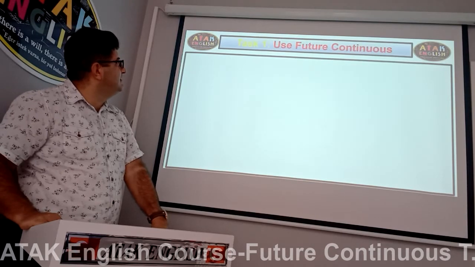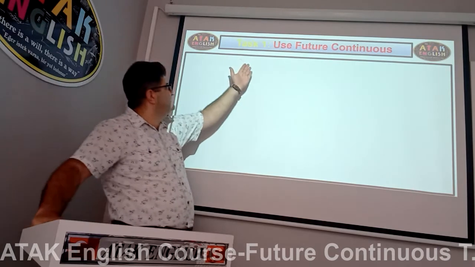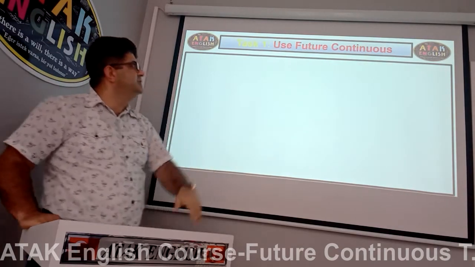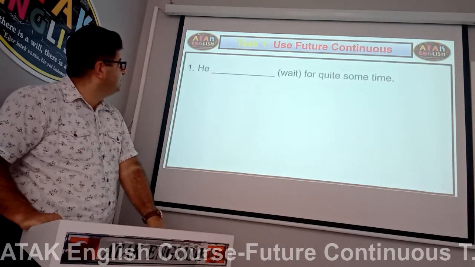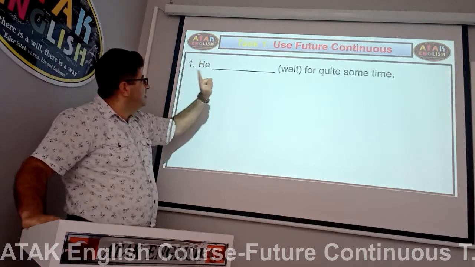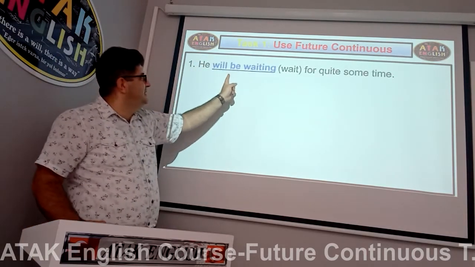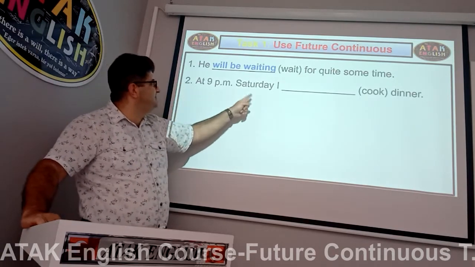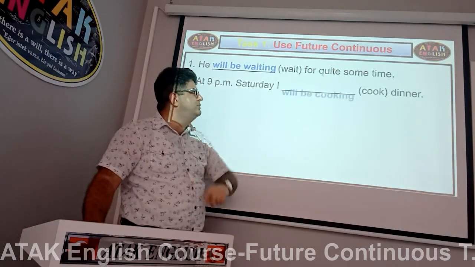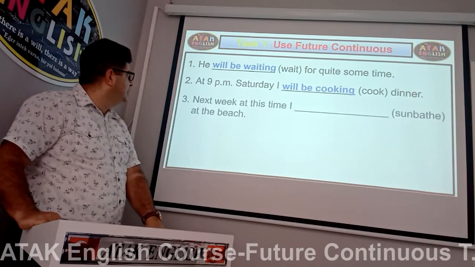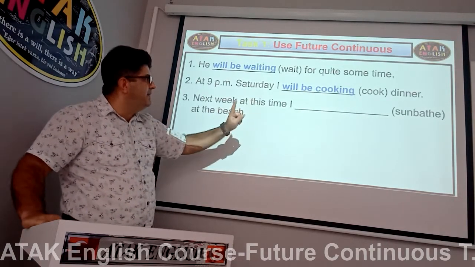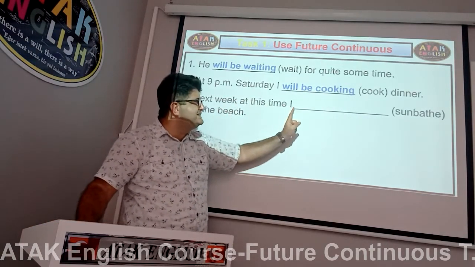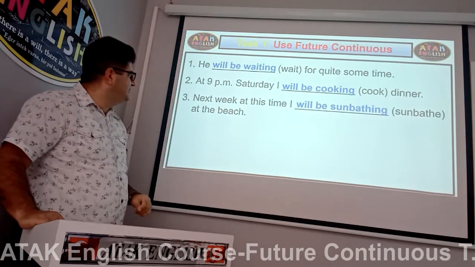Okay, let's do some practice. What we're going to do in this task is use future continuous tense. He will be waiting for quite some time. At 9 p.m. Saturday, I will be cooking dinner. Next week at this time, I will be sunbathing at the beach.